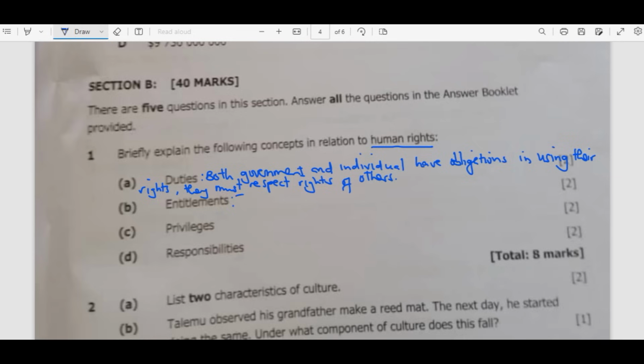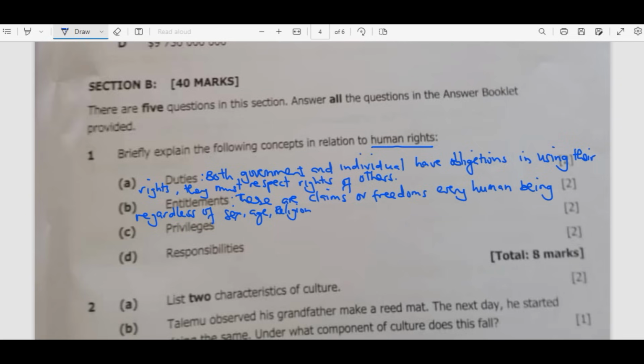So we can say these are claims of freedom of every human or every individual being, so regardless of sex, age, religion.